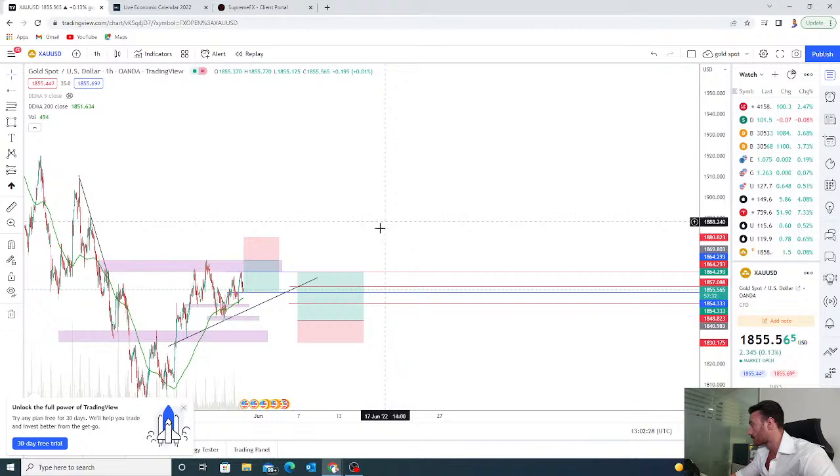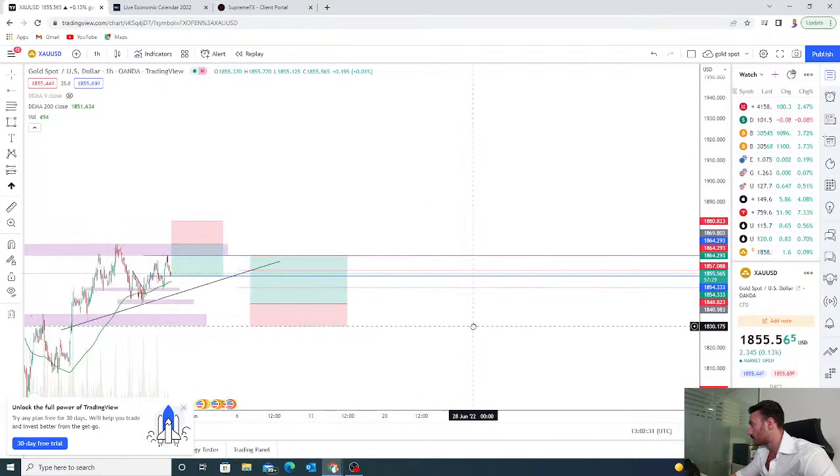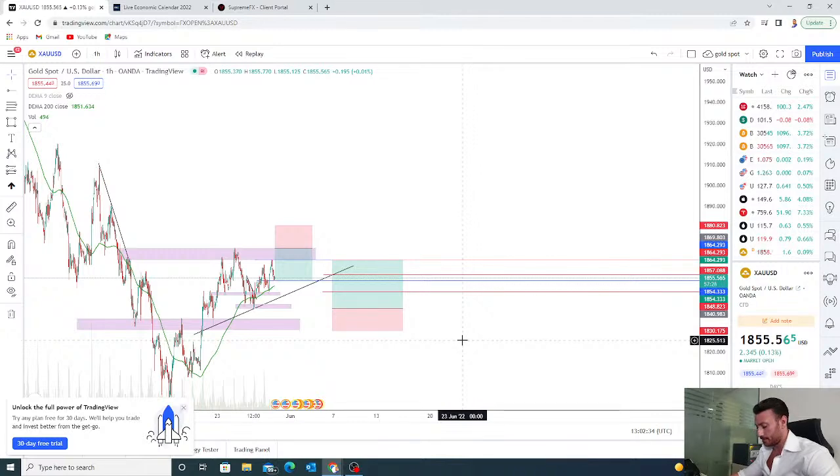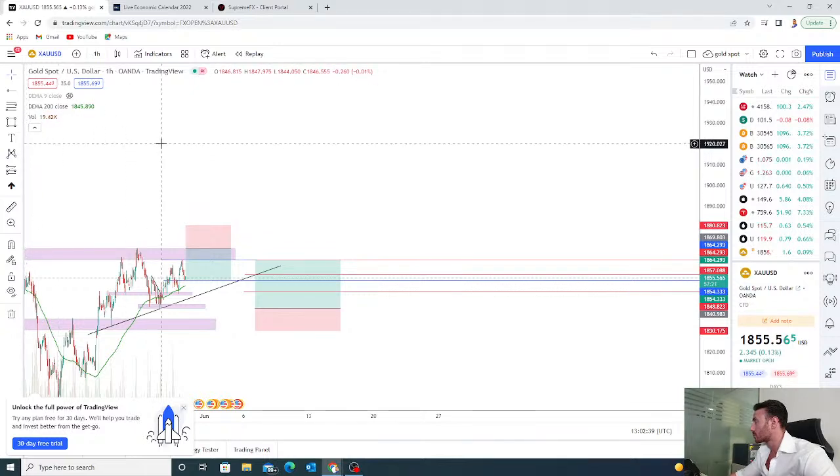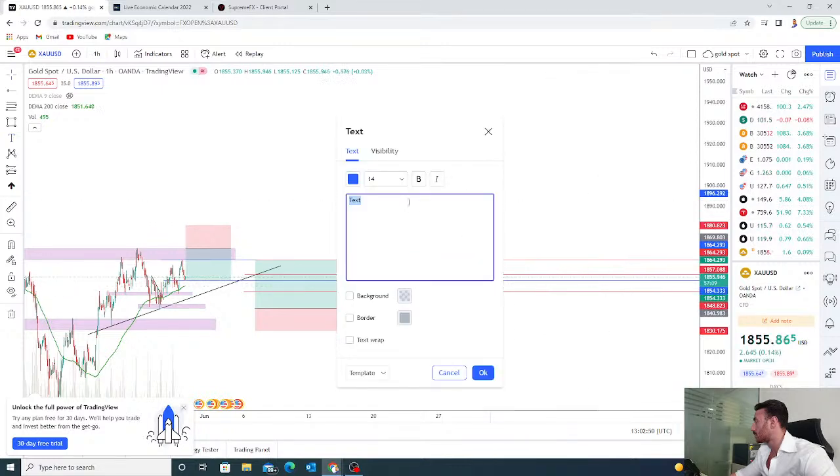Okay. For today, I can even write it here for you. If I go here for the trade, okay, I will put my buy call. Buy 1840, 1841 to 1836.